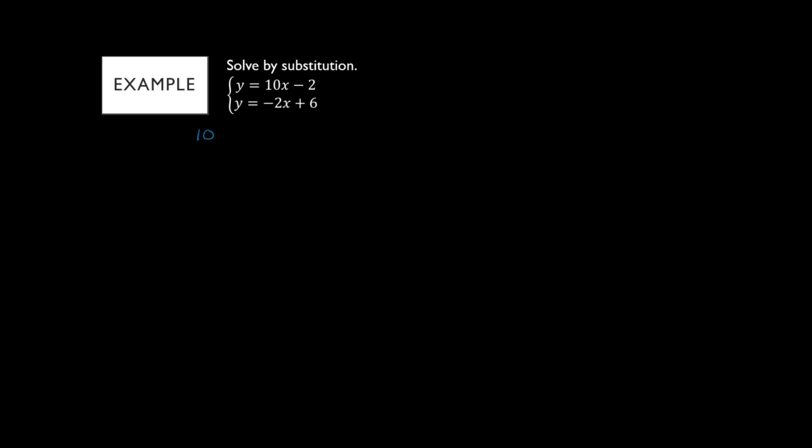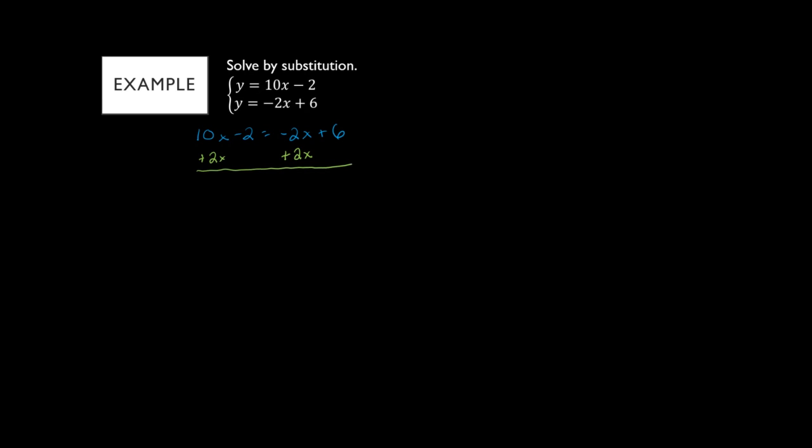So this gives me 10x minus 2 is equal to negative 2x plus 6. You can think of it as you're setting the equations equal to each other because they're both equal to y, and y equals y. So now I have an equation where I only have x, and so then I can solve for x. I'm going to start by adding 2x to both sides.